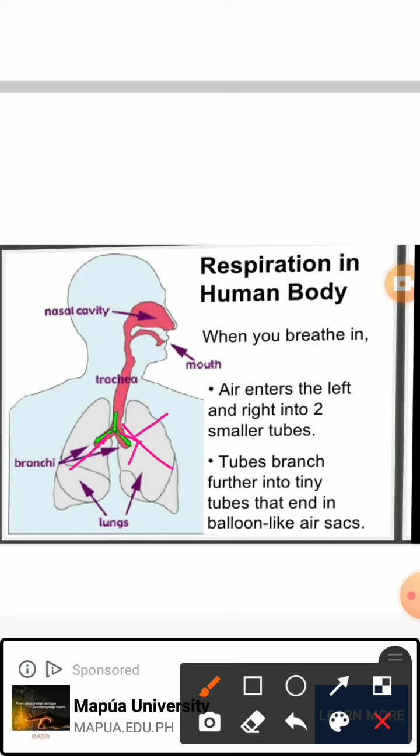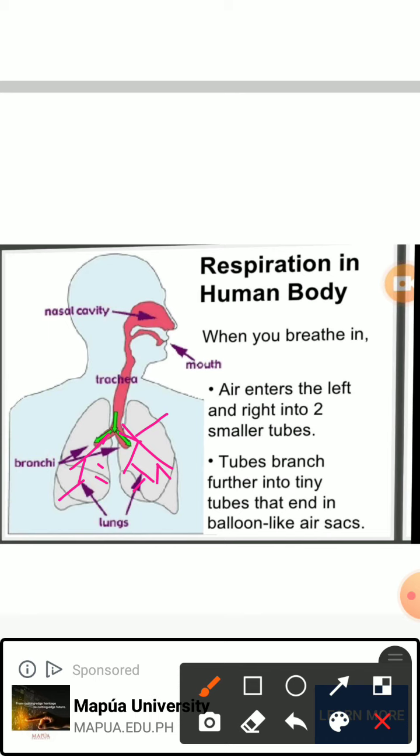Now these bronchi divide further into the lungs, like this, and are known as bronchioles. These are fine tiny tubes. Air enters these tubes in the bronchi, then the bronchioles.